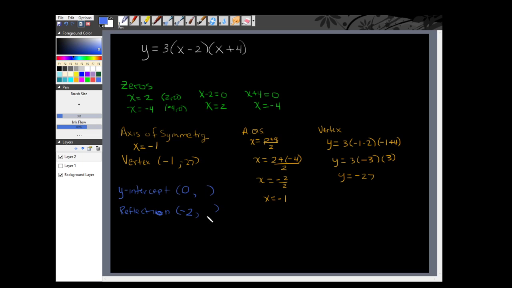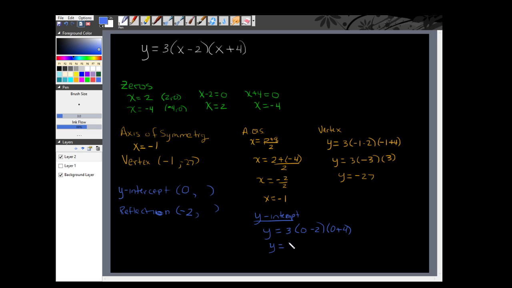Now we just have to find that y value. To find the y value for the y-intercept, I'm going to take the function, and where the x is, I'm going to plug in a 0. Some people say just to multiply together all of the end numbers, which you can do as well.